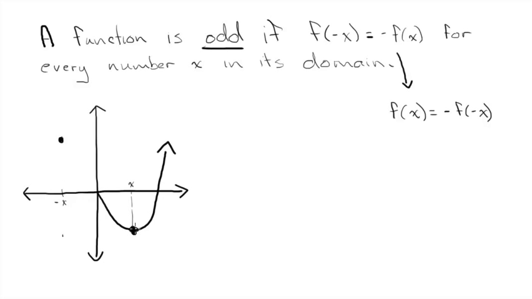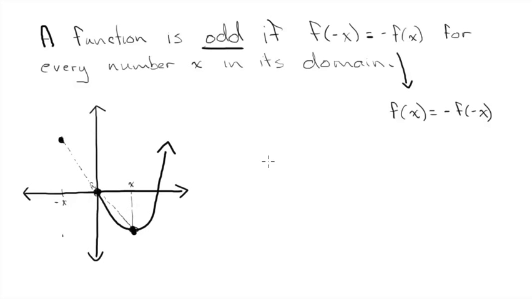You might be saying, where's the symmetry there? The symmetry is that it's symmetric through the origin, which is right here. Symmetry about the origin means if I draw a line from this point to the origin and then continue that line the exact same distance, I get to this point here. This line should be the same as this line.